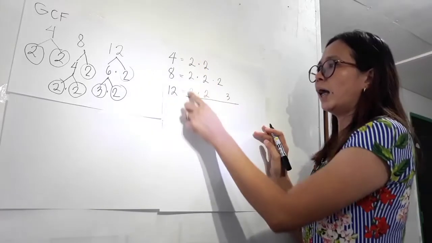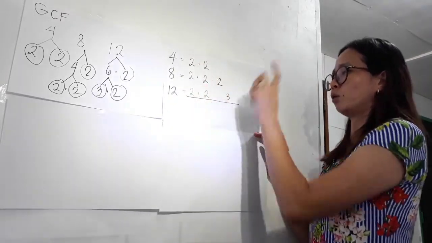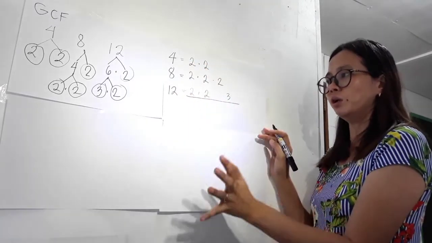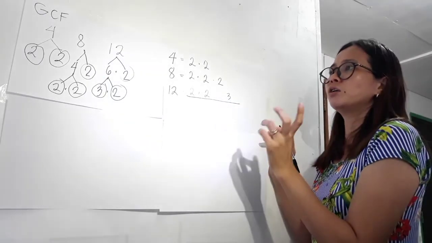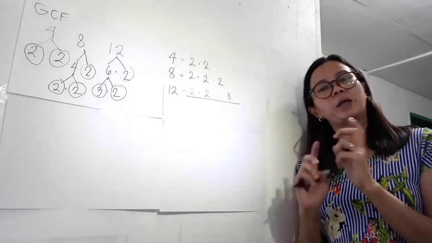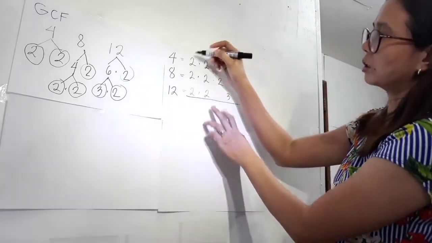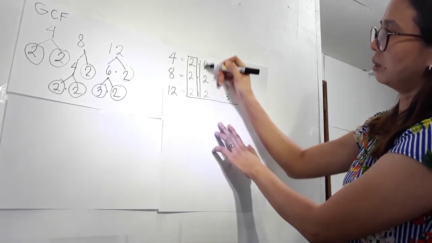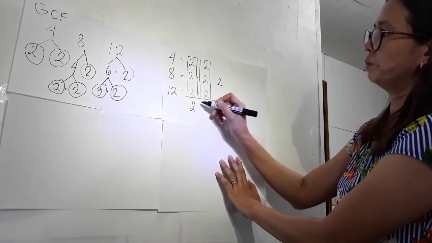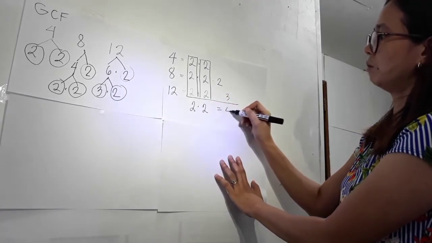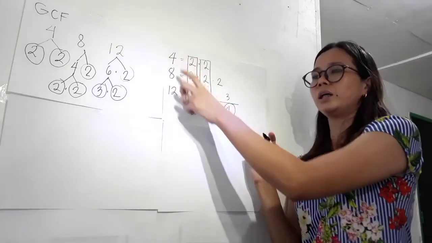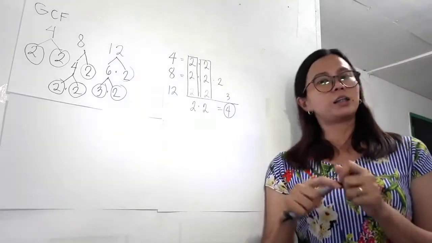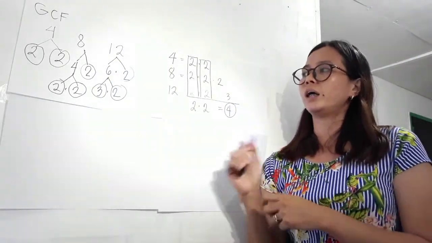As you can see, I align the common factors so you know the common factor to all. When we say common, it means yung magkapareho. Since these are the common factors, we have 2 times 2, which is 4. So 4 is the greatest common factor of 4, 8, and 12.